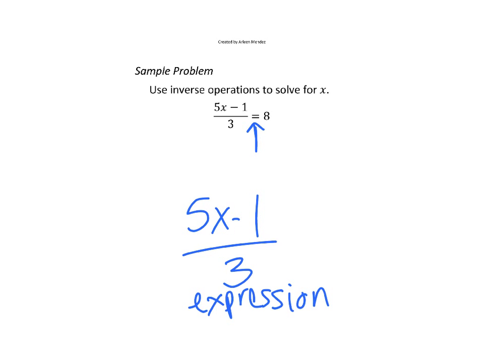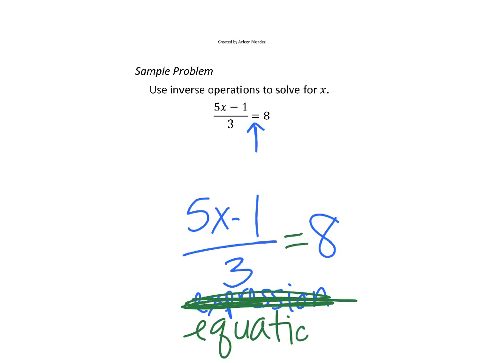It's just an algebraic expression. It's that equal sign that turns it into an equation. So as soon as I set it equal to something, this is officially an equation, right? So it's that equal sign that turns something into an equation. If you're equating something to something else, then it's an equation.